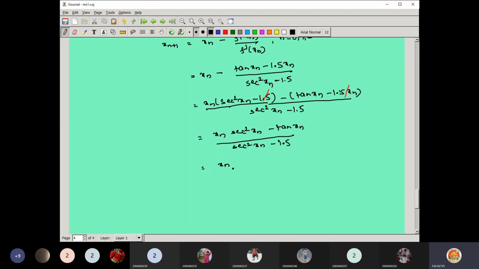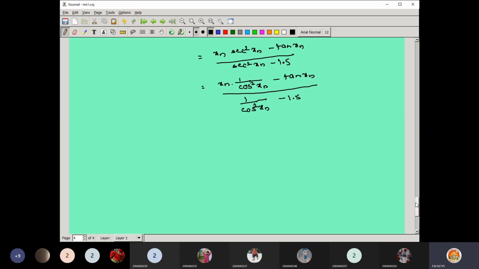Secant can be taken as 1 divided by, sin or cos? 1 divided by cos square x n, because there is no direct button. So I can write tan x n, because the tan symbol is there, and the total is divided by 1 divided by cos square x n minus 1.5. Because the button is not available, you are just making the simplification.